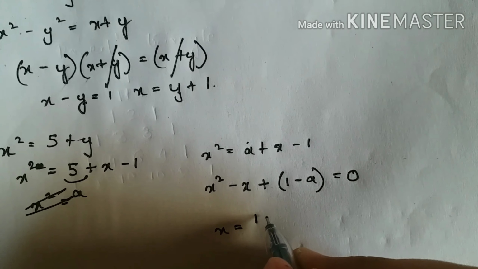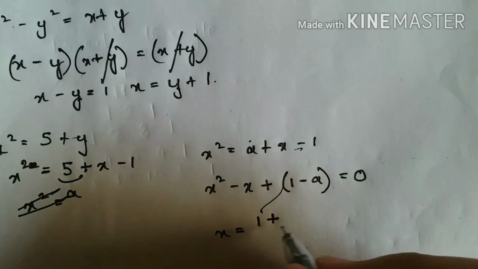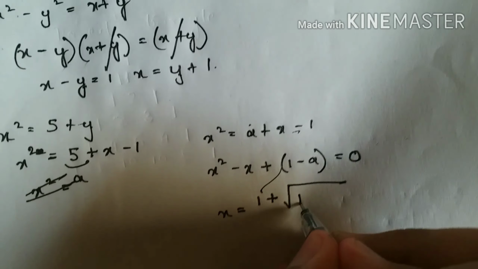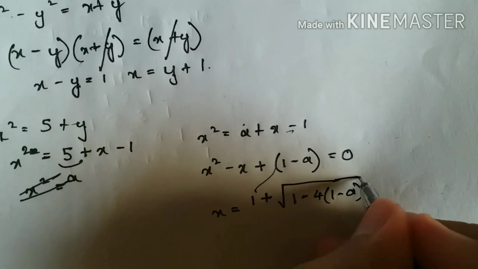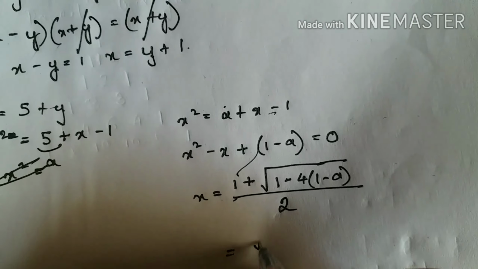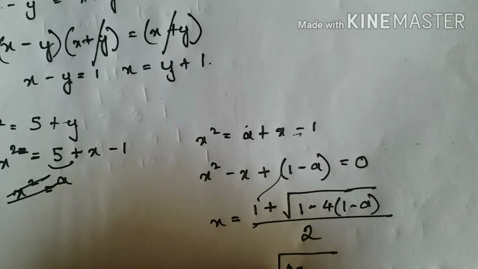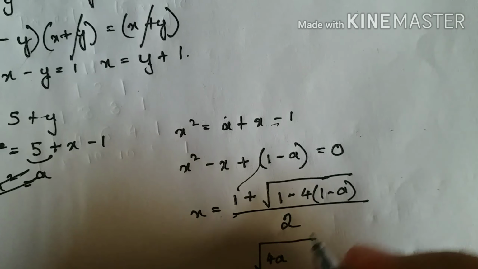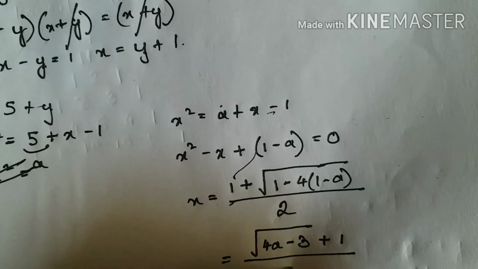X is equal to 1, we will not take the minus sign, we will take only the plus sign. So x is equal to 1 plus root over 1 minus 4 into 1 minus a, by 2. And this gives me root over 4a minus 3 plus 1 by 2.